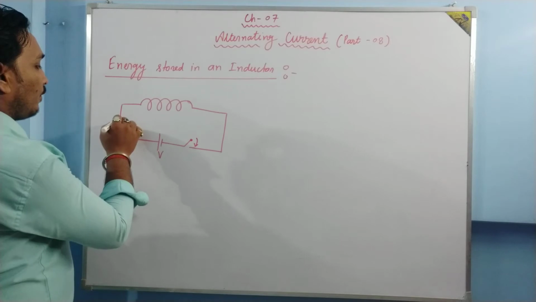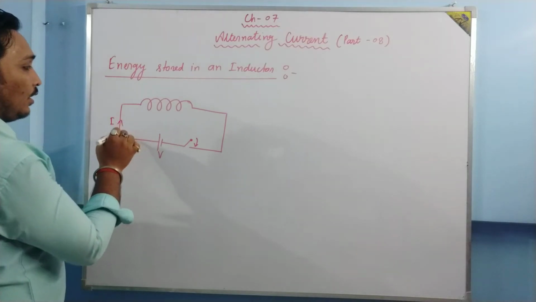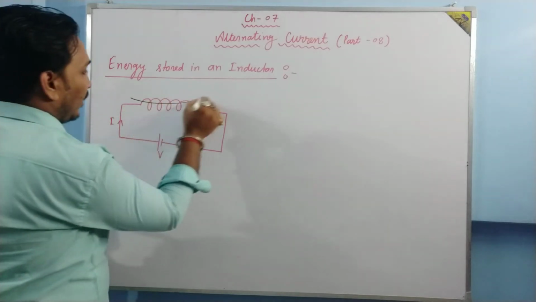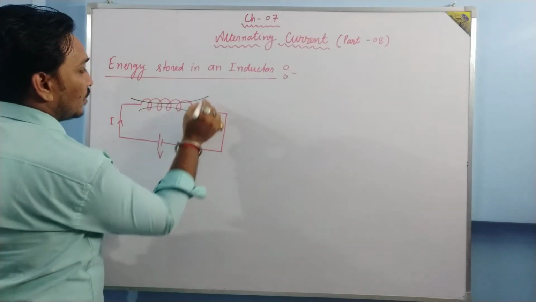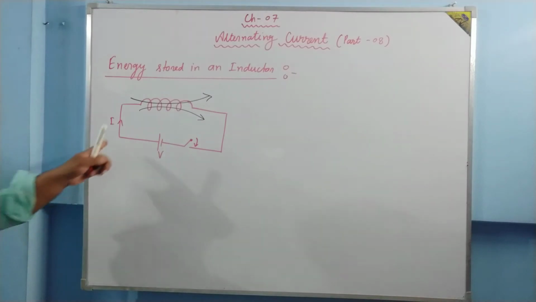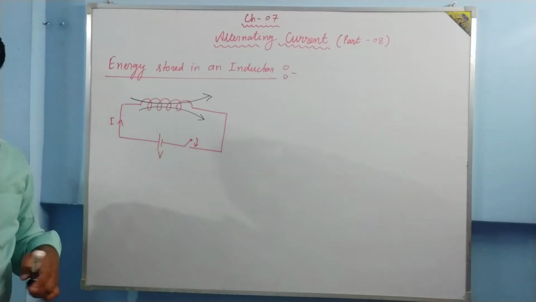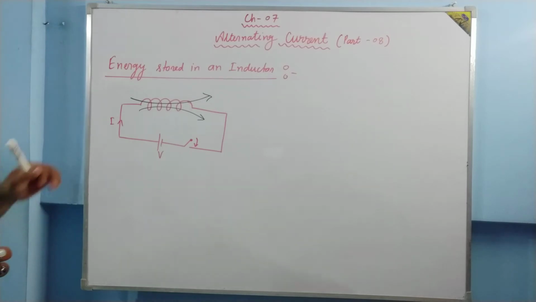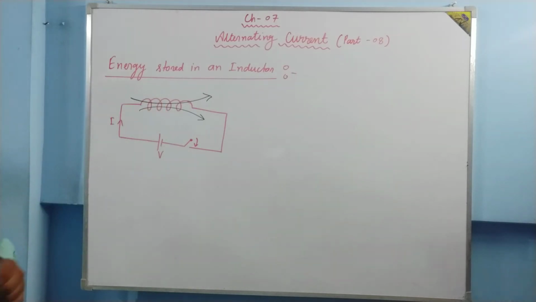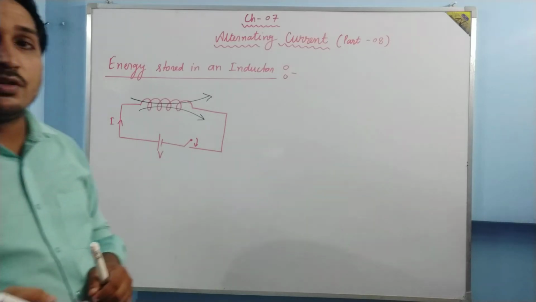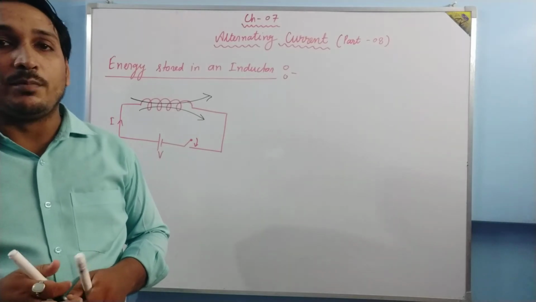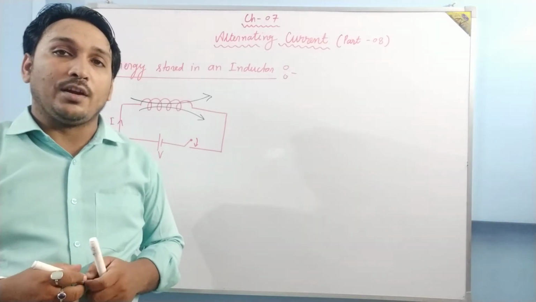Current will start flowing through the inductor, and because of this current there is a magnetic flux which starts linking with the inductor. As this current starts increasing, the magnetic flux also changes. Because of the changing flux, there is an induced EMF. That we have done in the last chapter number 6, electromagnetic induction.